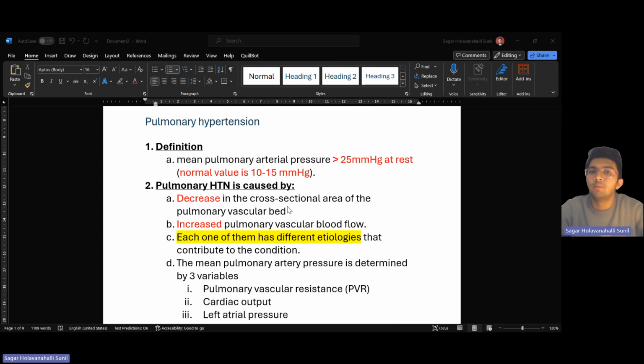So this is a very important concept that you need to know. The larger the vessel, or the more primary the division, that is, from the pulmonary artery to the primary left or right side of the pulmonary artery, if they get blocked, then you have a cut of the blood supply to a very large extent.